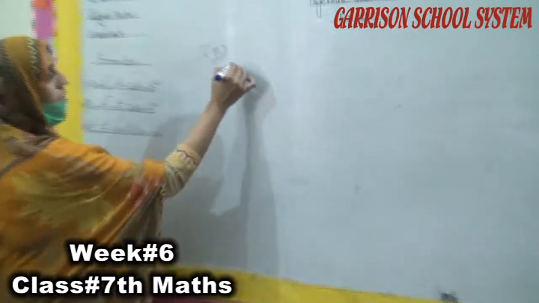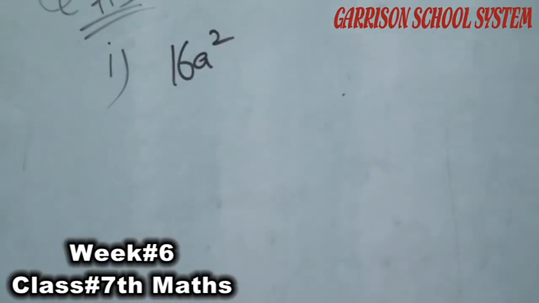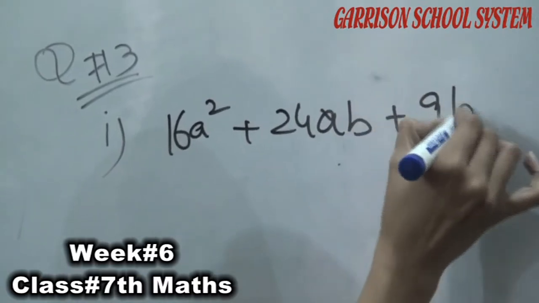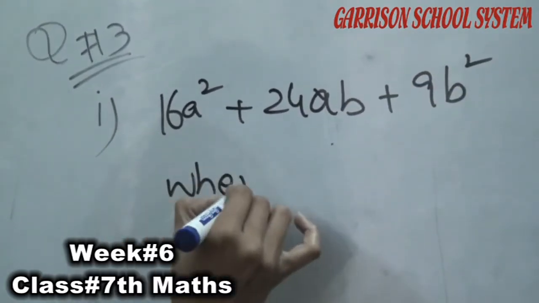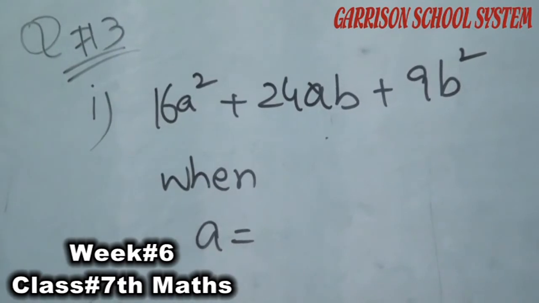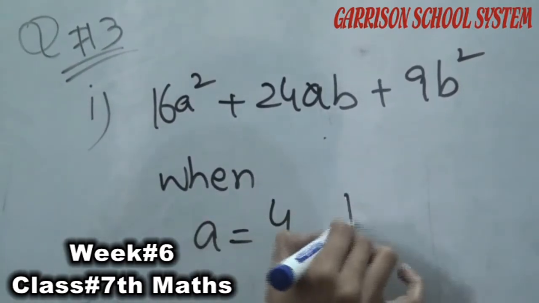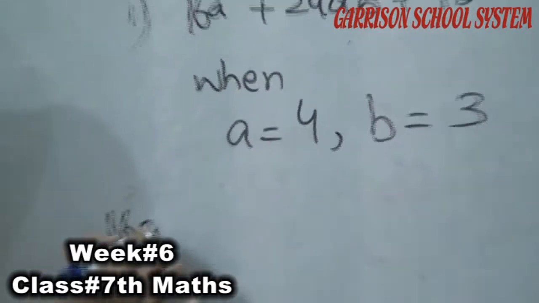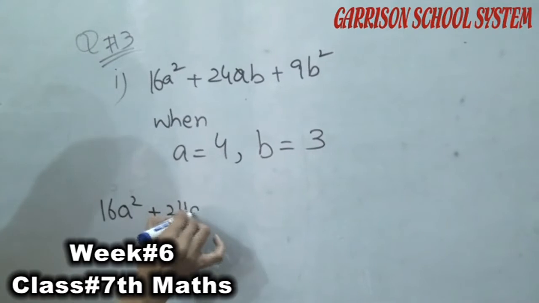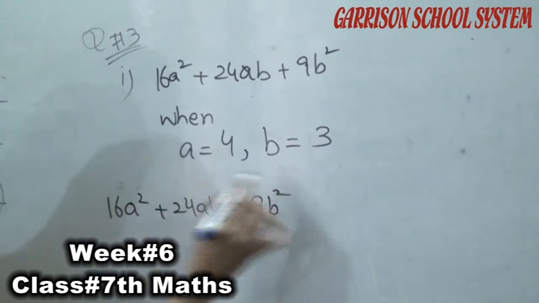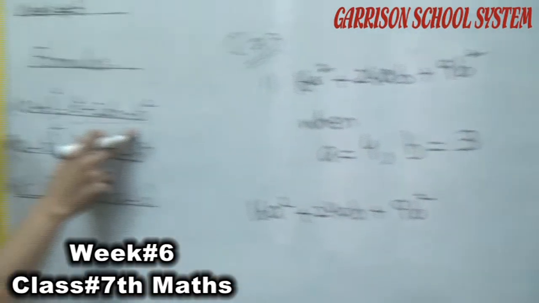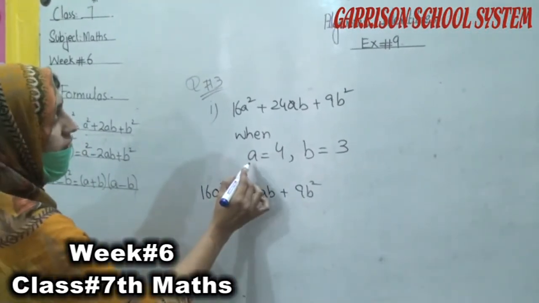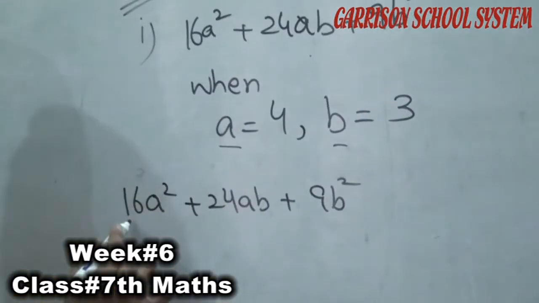First of all, I have to close this formula. Again, it is the open form of the formula and I have to close it. Then I have to put the values of a and b.